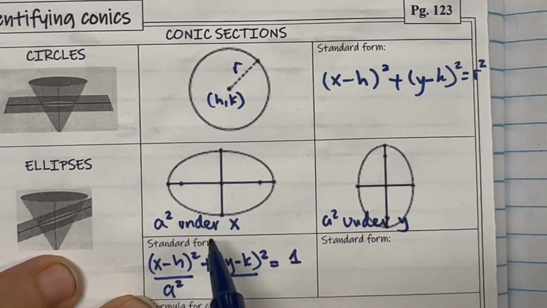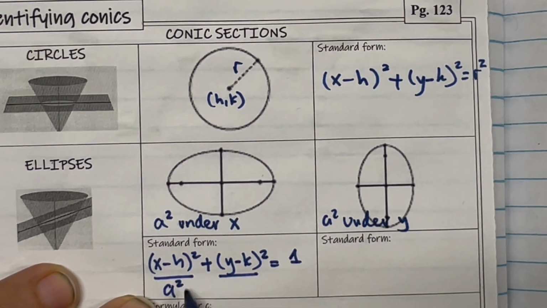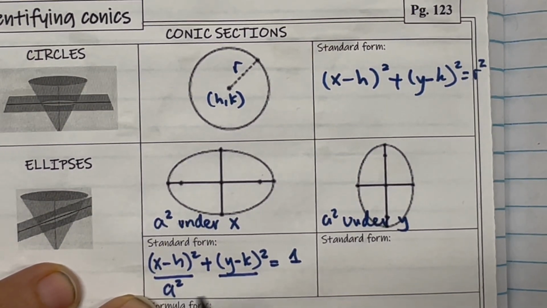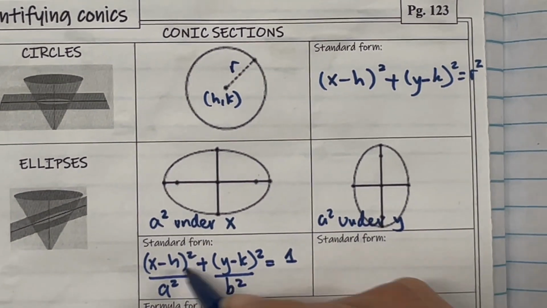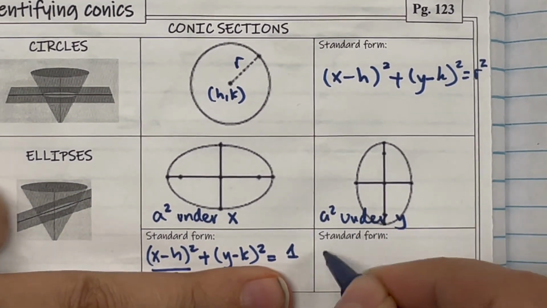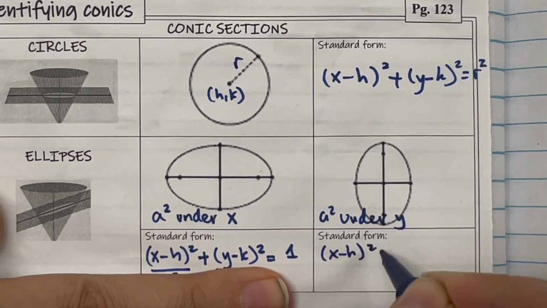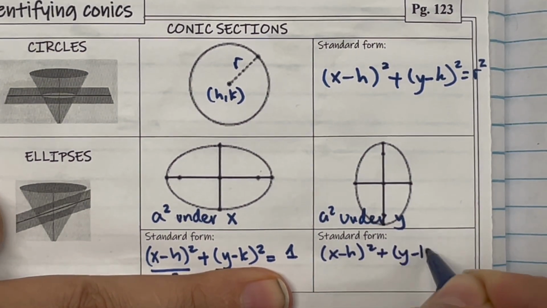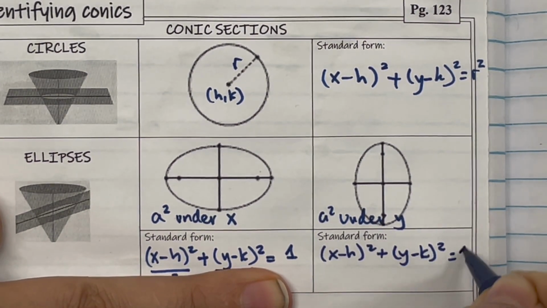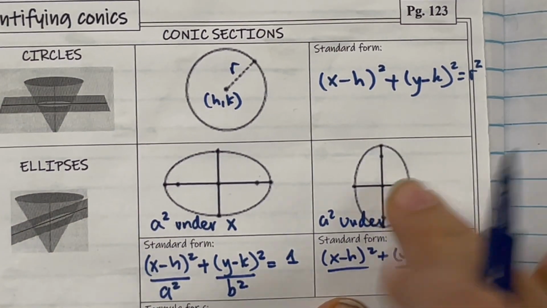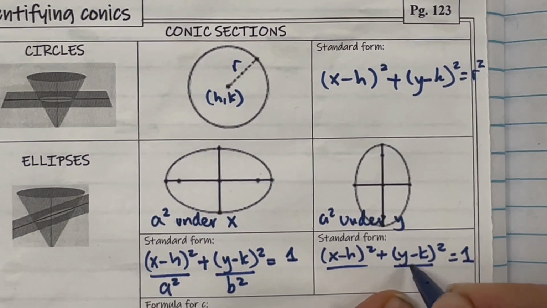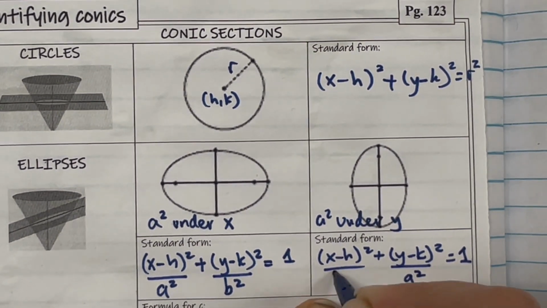So for ellipses, where the a is tells you the direction. So a squared, which means this is b squared. For this one, it's just like a circle. So this part was a circle. So the (x minus h) squared plus (y minus k) squared equals 1. Only because it is stretched vertically, that a squared has to be under the y value.